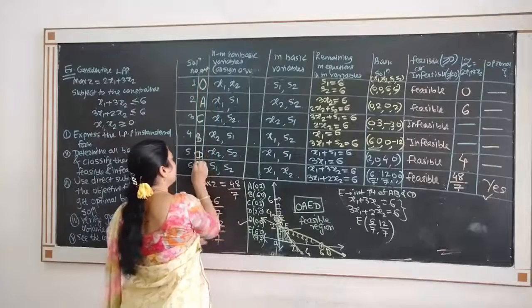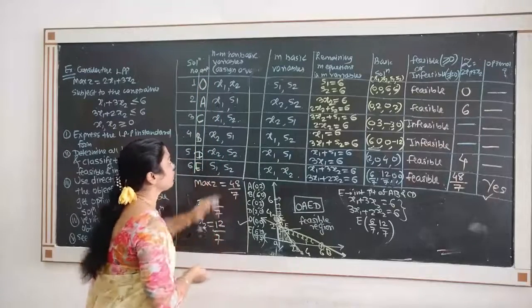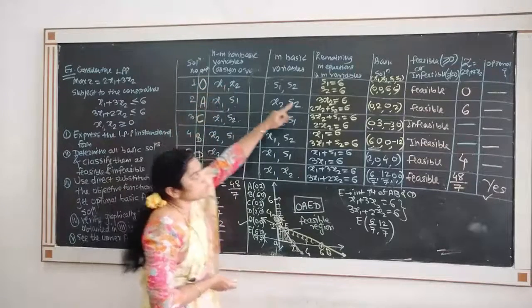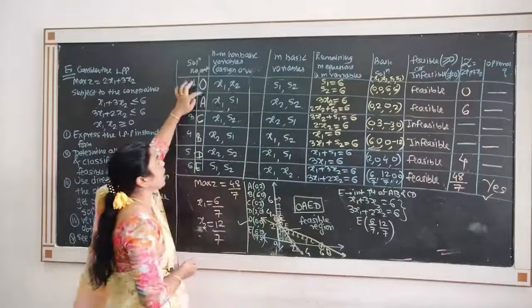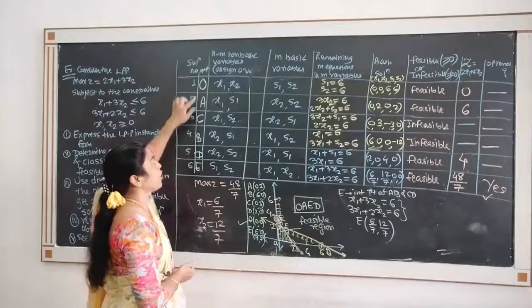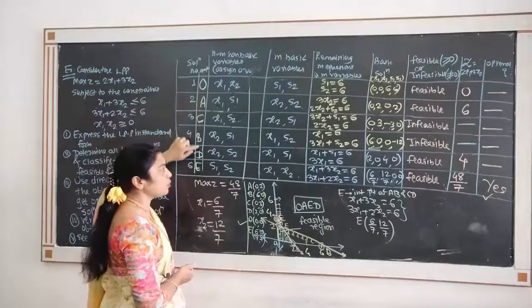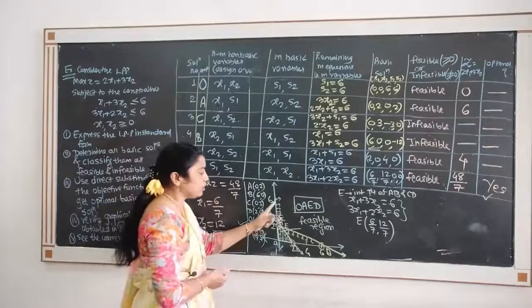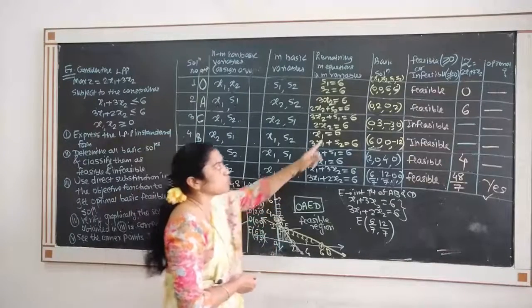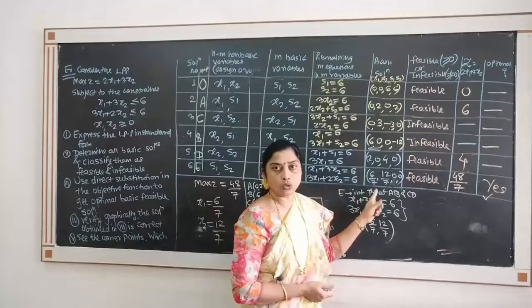This is the origin and this is the point D. So observe that every basic solution on the graph is shown by a corner point. So the number of corner points is nothing but your number of solutions. So we have shown that these corner points give you 6 basic solutions.